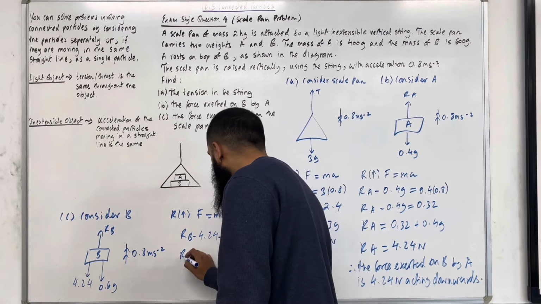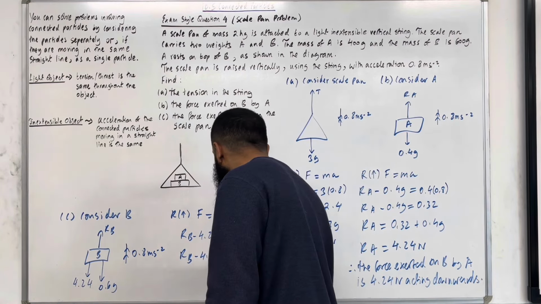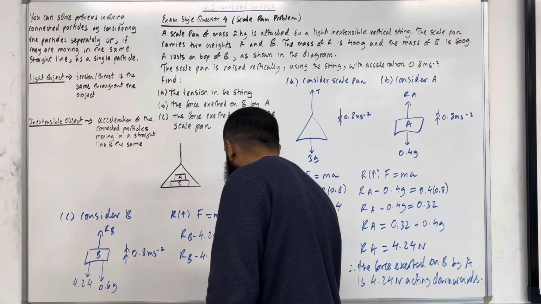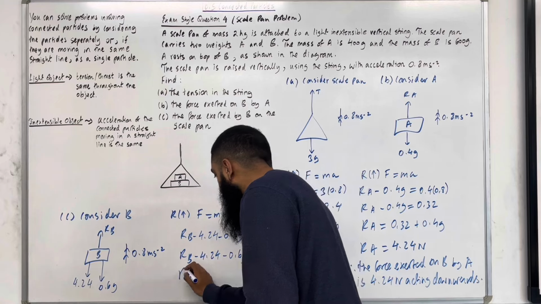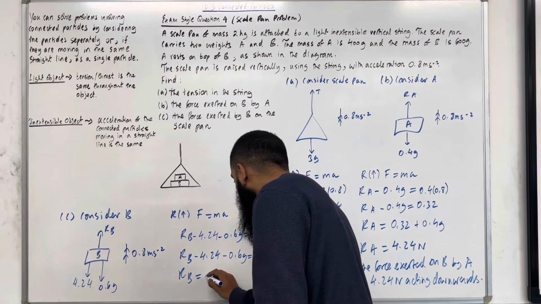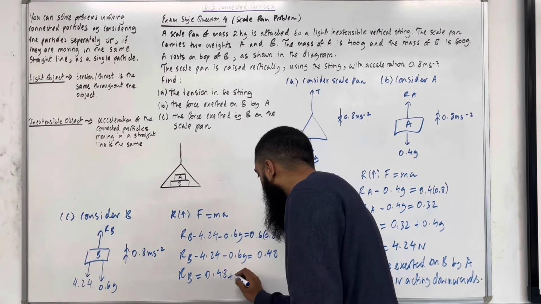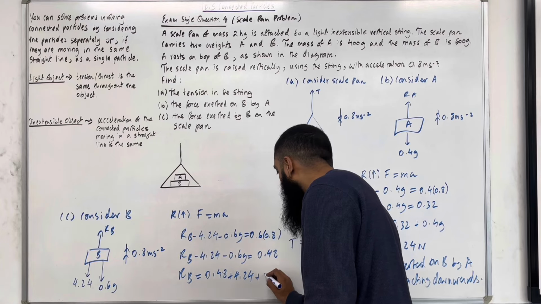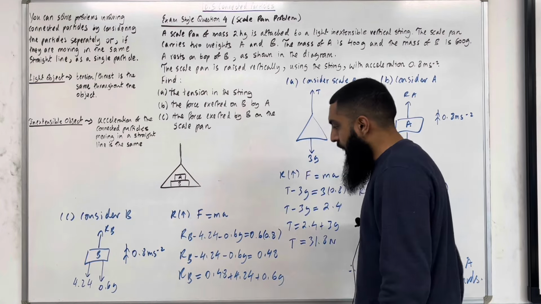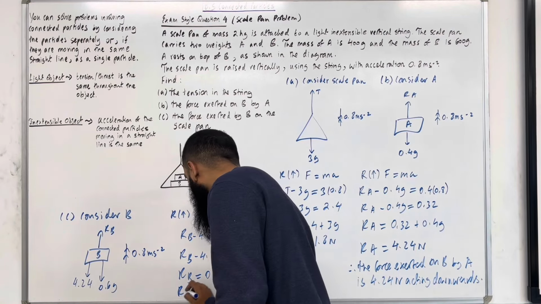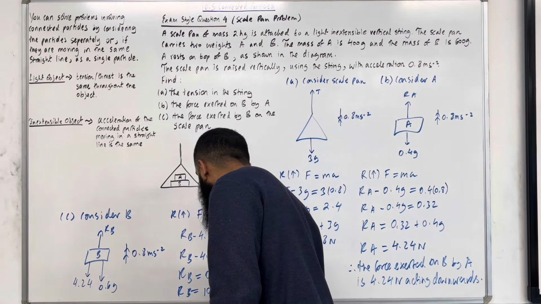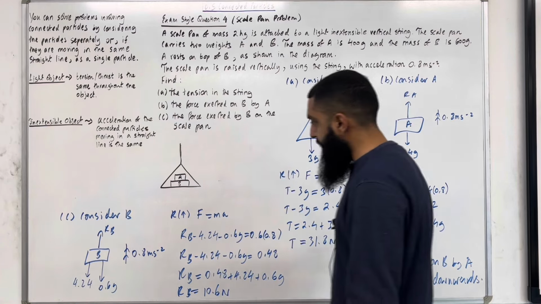So I've got RB minus 4.24 minus 0.6g is equal to 0.48. So now I can rearrange. RB is equal to 0.48 plus 4.24 plus 0.6g. I can substitute g equal 9.8, and if I do this, I get RB is equal to 10.6 newtons.